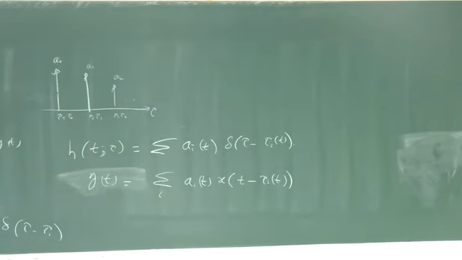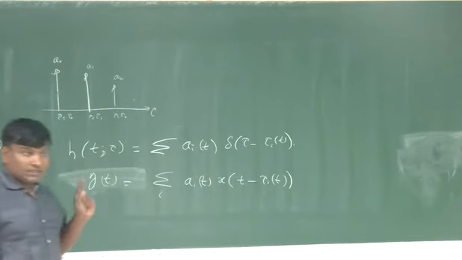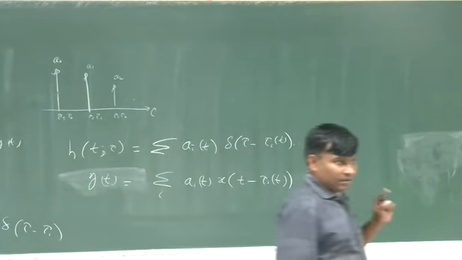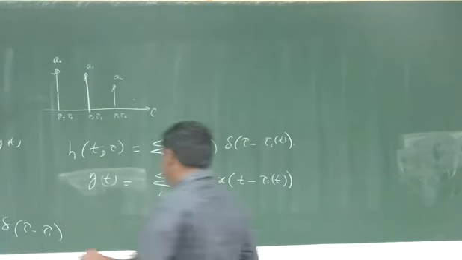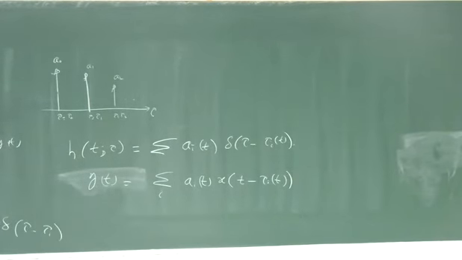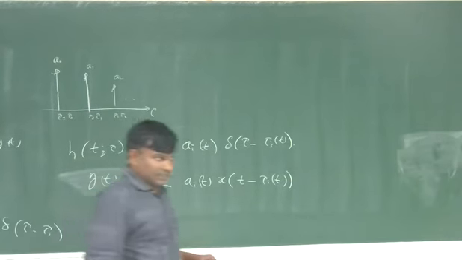Remember here, these are passband signals, not a baseband representation yet. What we transmit, x of t, is a passband signal at some carrier frequency. Therefore, the a_i are real valued quantities, because these are passband signals.